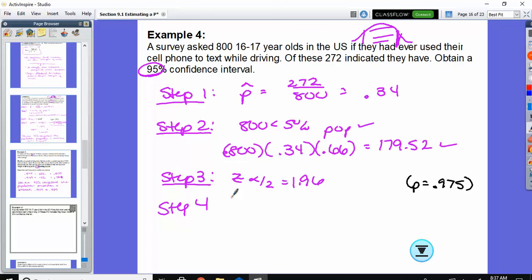Step 4, what do we need? Margin of error. So we could go ahead and do our upper and lower if you want. So our lower is your point estimate minus your Z times the square root of P times 1 minus P over N, which was 800.